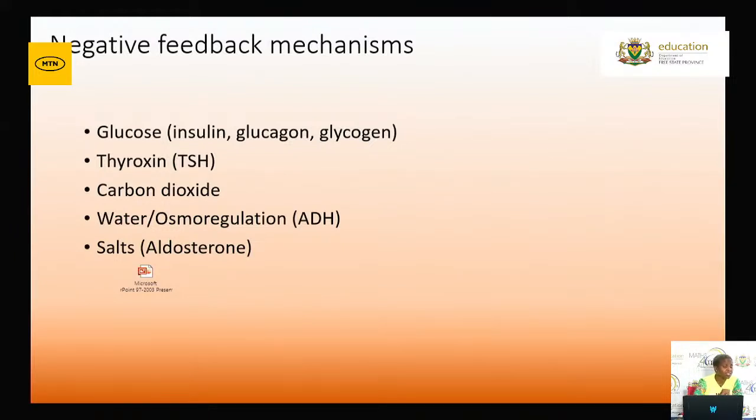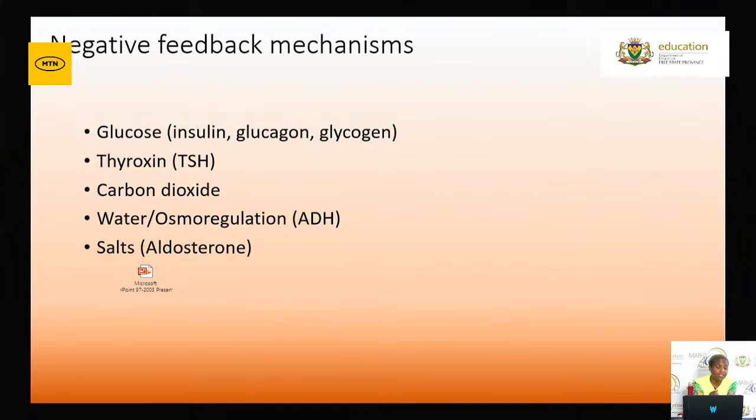The first one is that of glucose, and then thyroxine, which involves the hormone TSH. Again, carbon dioxide, and water, which is also osmoregulation, and you still remember that the hormone involved in osmoregulation is ADH, and then salt, which has to do with aldosterone.